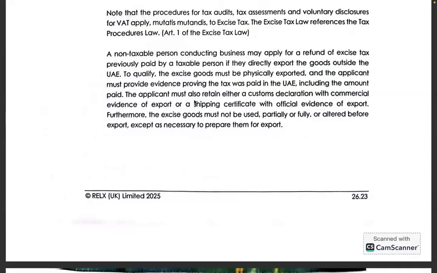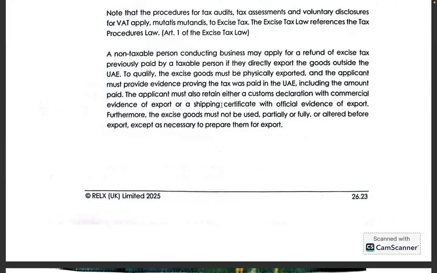The applicant must also retain either a customs declaration with commercial evidence of export or a shipping certificate with official evidence of export. So a non-taxable person conducting business may still apply for a refund of excise tax, provided certain conditions are met.